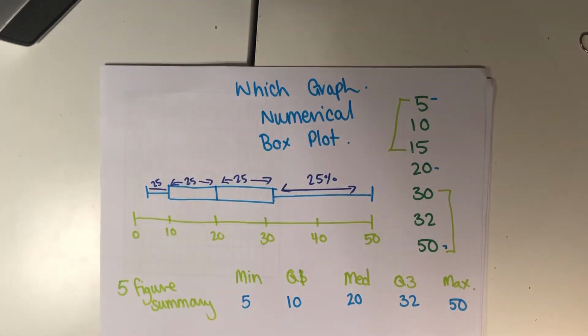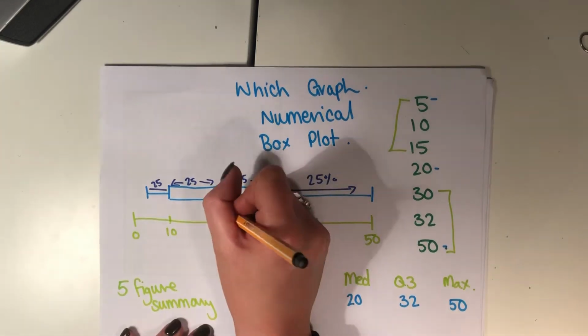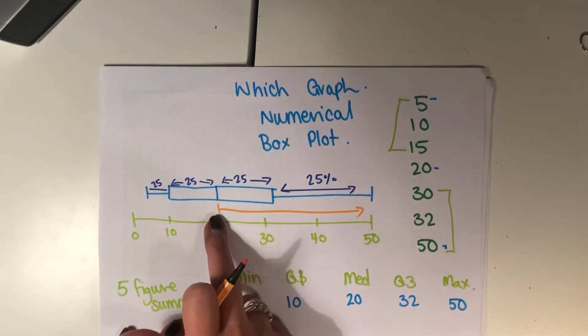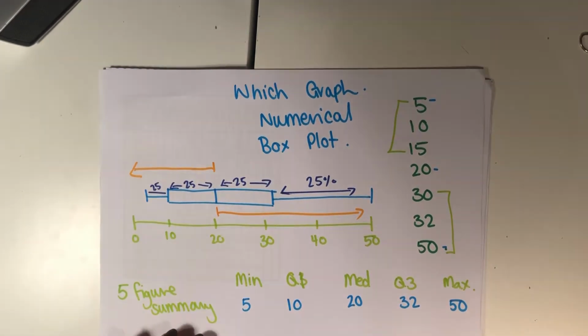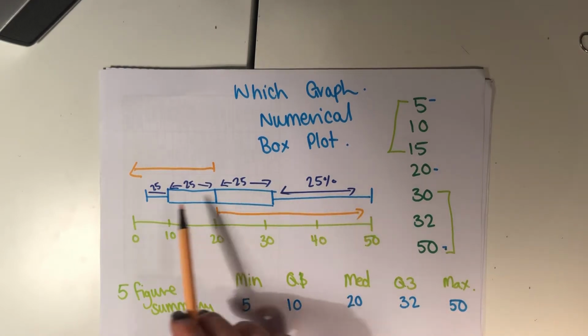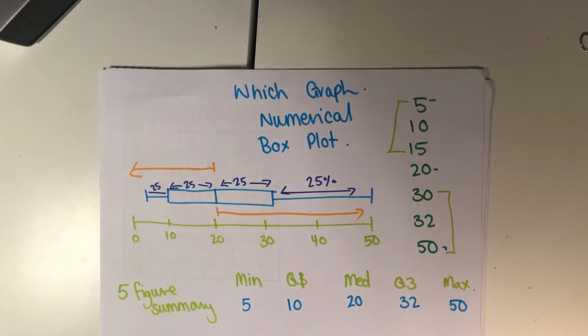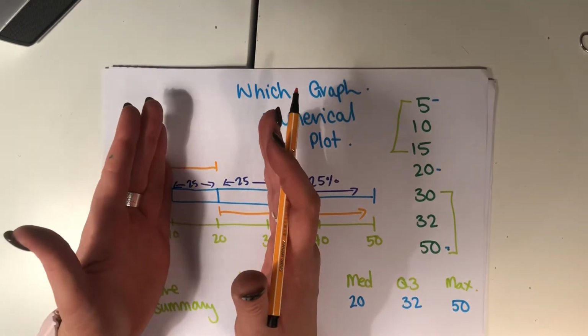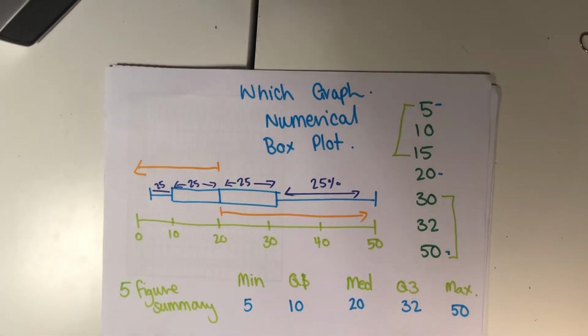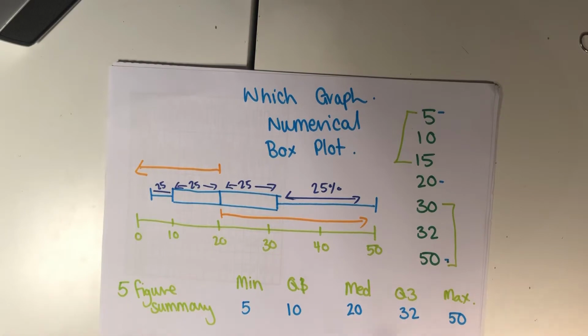So an assumption you can make is that 50% of your data is above the median, and 50% of your data is below the median. And these whiskers are what make up the other 25. 50% is sitting in between your Q1 and your Q3. That's something else you could be looking at.